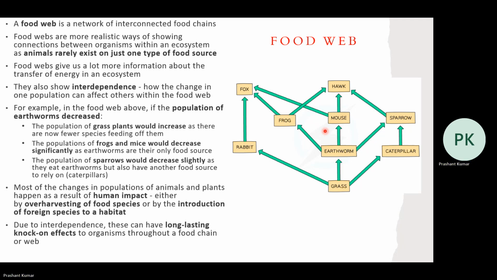Due to this interdependence, these can have long-lasting knock-on effects on organisms throughout the food chain or web. So it's quite complicated to maintain the life of organisms if the food chain is being disturbed.